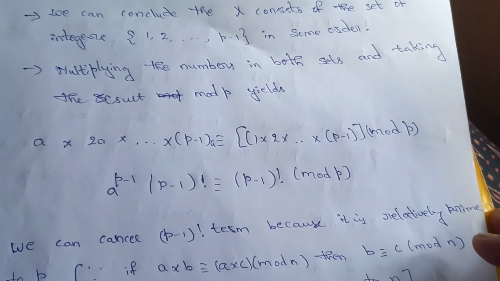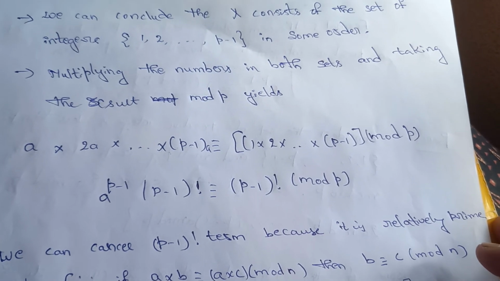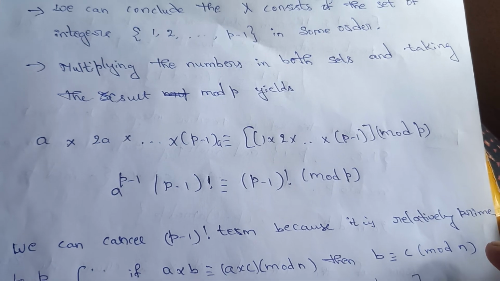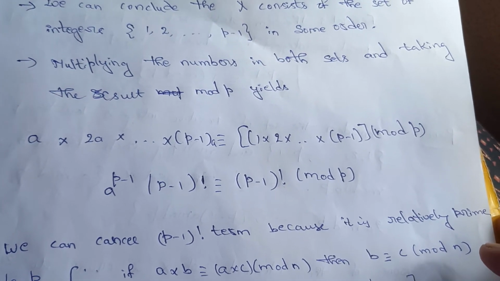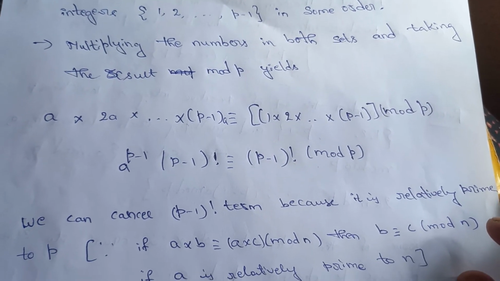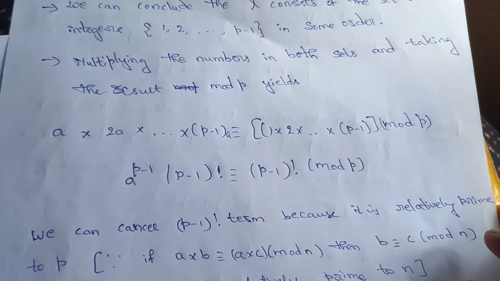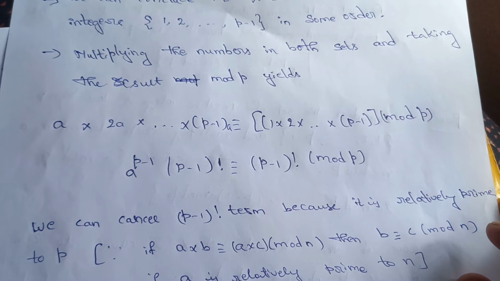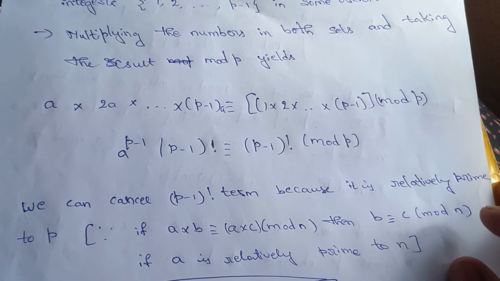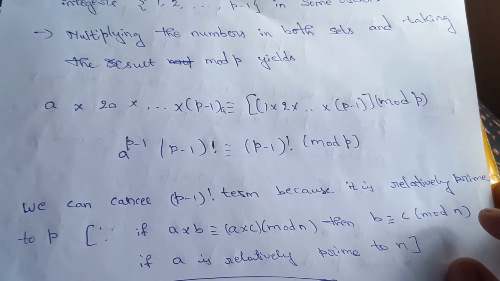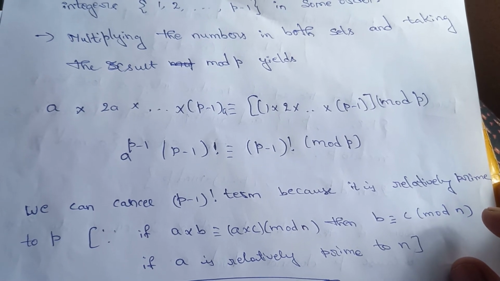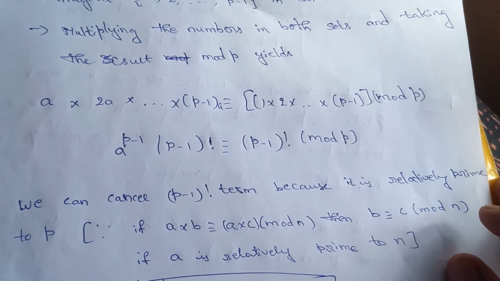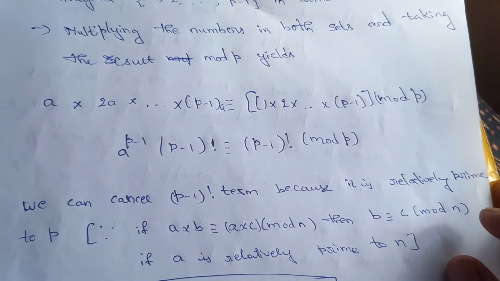Multiplying the numbers in both the x sets, we get a times 2a times up to p minus 1 times a, equivalent to 1 times 2 times and so on up to p minus 1 mod p. By simplifying, we get a to the power p minus 1 times p minus 1 factorial, equivalent to p minus 1 factorial mod p.